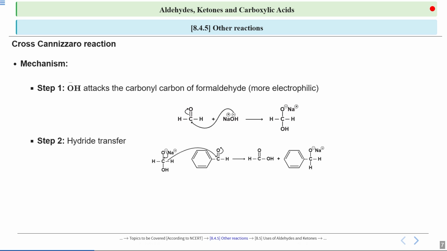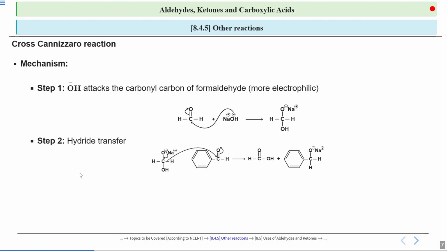Now moving on to step 2, it is a hydride transfer. What is this hydride transfer? This involves the movement of a hydride ion from the tetrahedral intermediate to benzaldehyde, and formaldehyde is oxidized to carboxylic acid. If you look at this particular reaction, you will see that from this tetrahedral intermediate, there is a hydride transfer or hydride movement to this benzaldehyde.